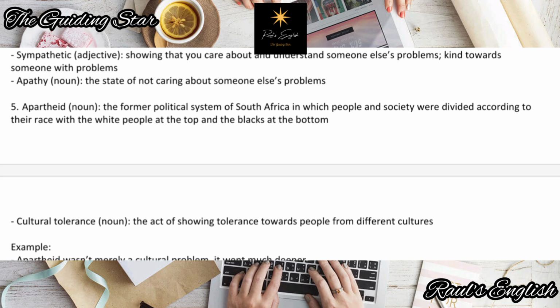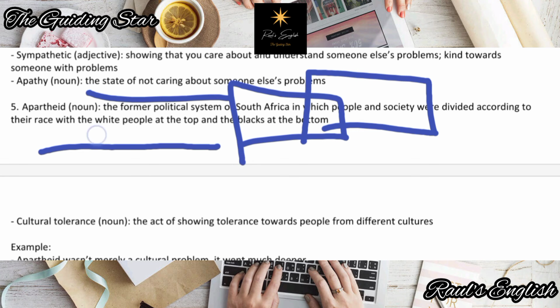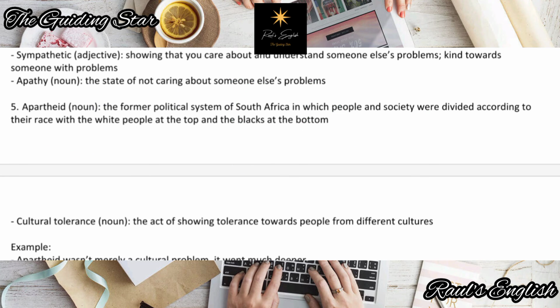Okay, the former political system of South Africa, in which people and society were divided according to their race, with the white people at the top and the blacks at the bottom of the socio-economic ladder. So that was apartheid.